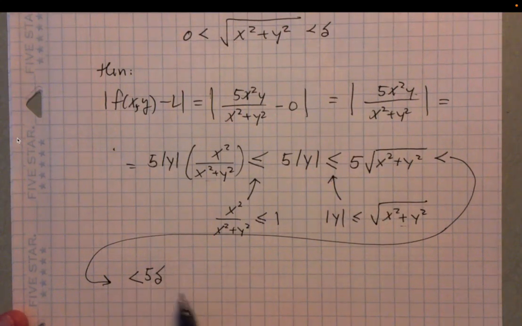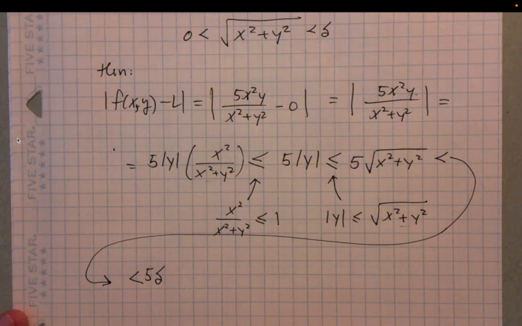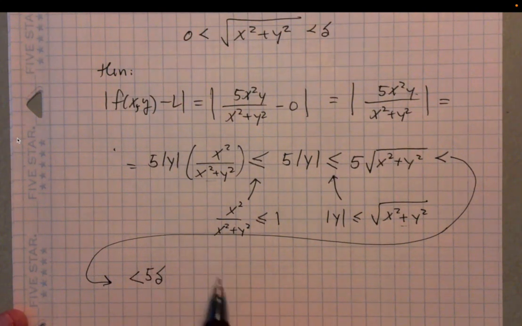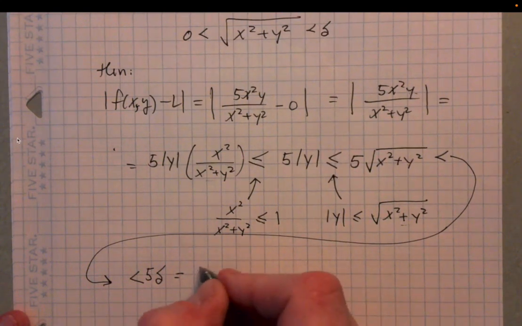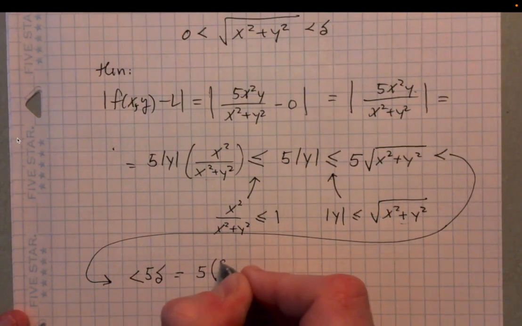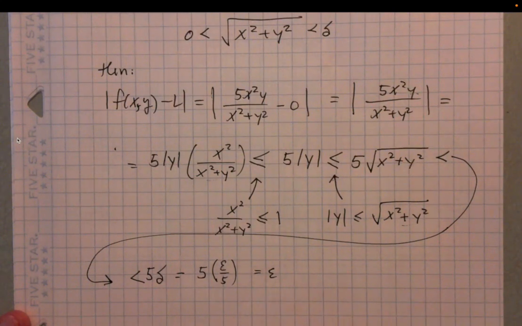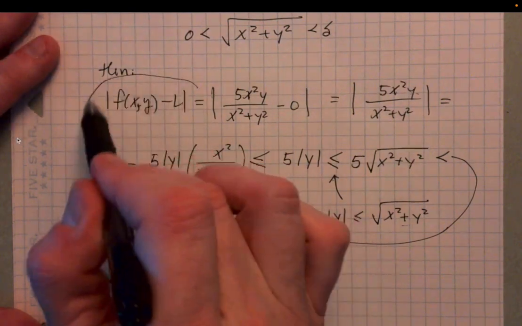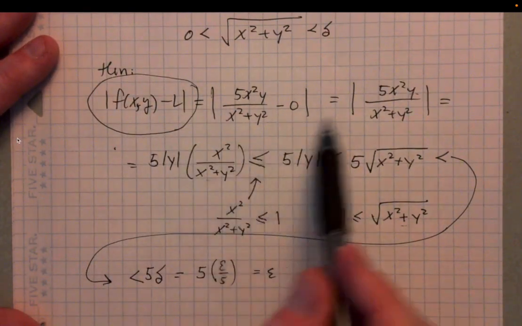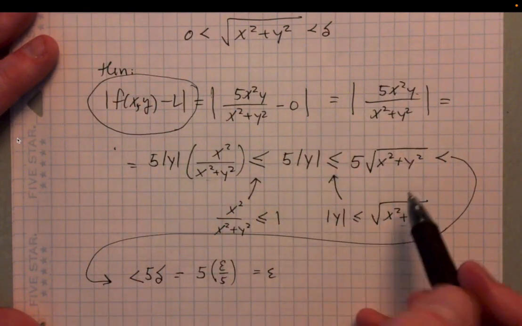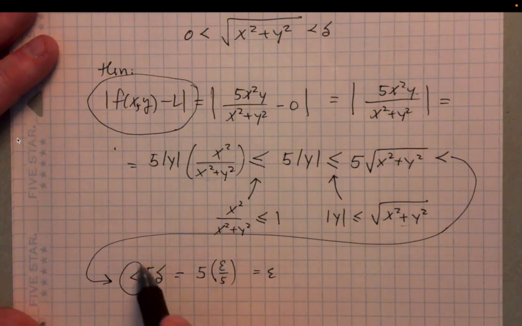So this is strictly less than 5 delta. That's where we can plug in our epsilon, because we know that delta is equal to epsilon over 5. So this would be equal to 5 times epsilon over 5, which is just equal to epsilon. So we've shown that this piece is strictly less than epsilon.